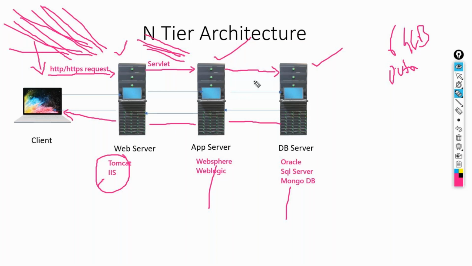Now we all know that real-time applications might be getting huge data. The requests might be flooding in like anything. Even though this application server has some good configuration, there will definitely be some additional application server instances.